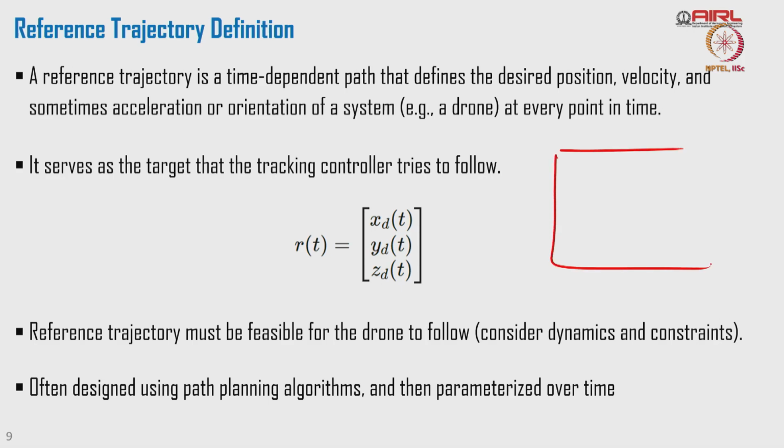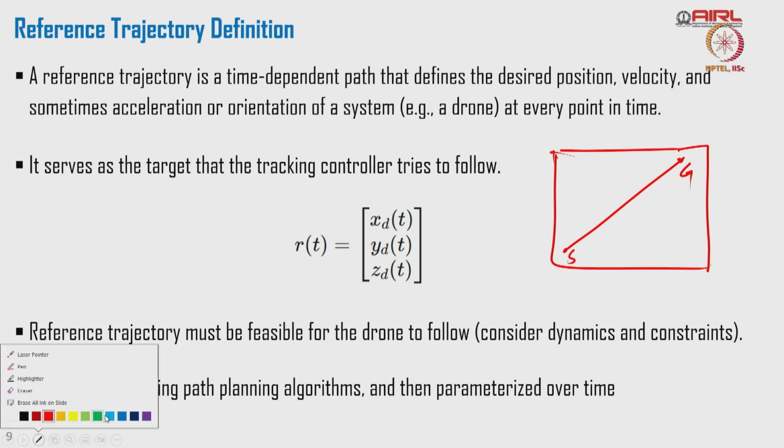Please remember this thing, that when we have a trajectory planned for a drone, when there is nothing inside this particular area, like no obstacles on the way from the source to the goal location of the drone, then when the drone is covering this path, it should follow this trajectory as soon as possible.